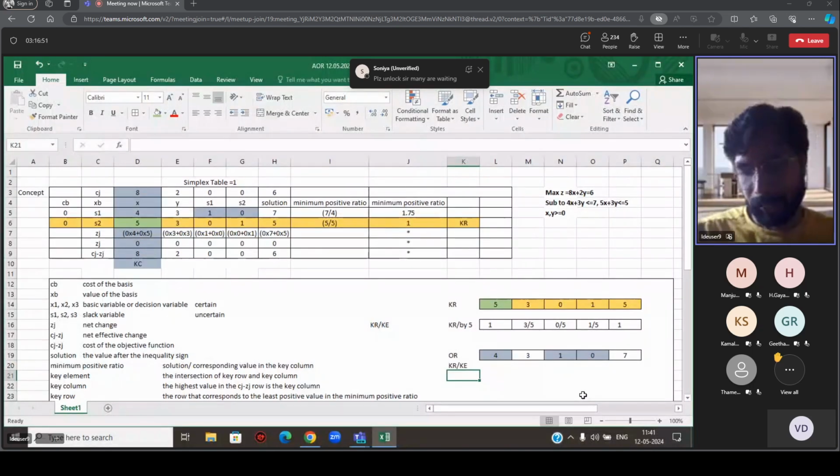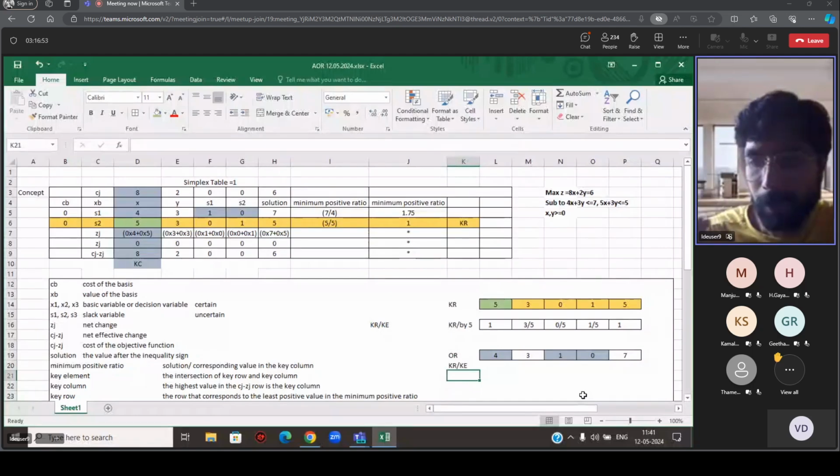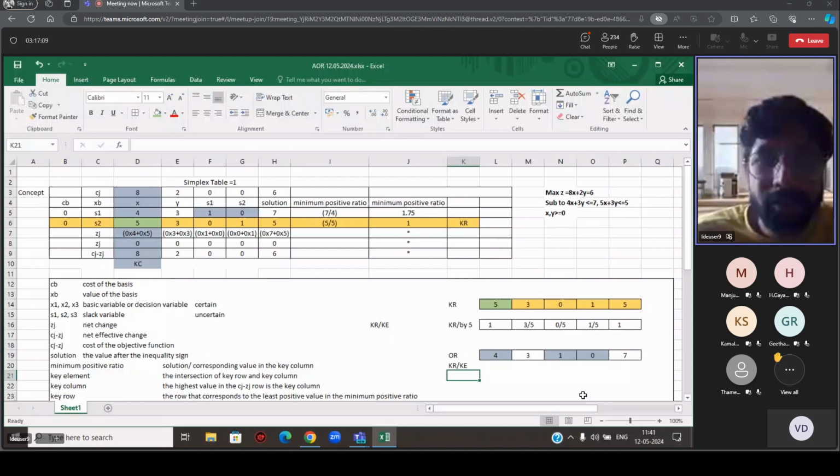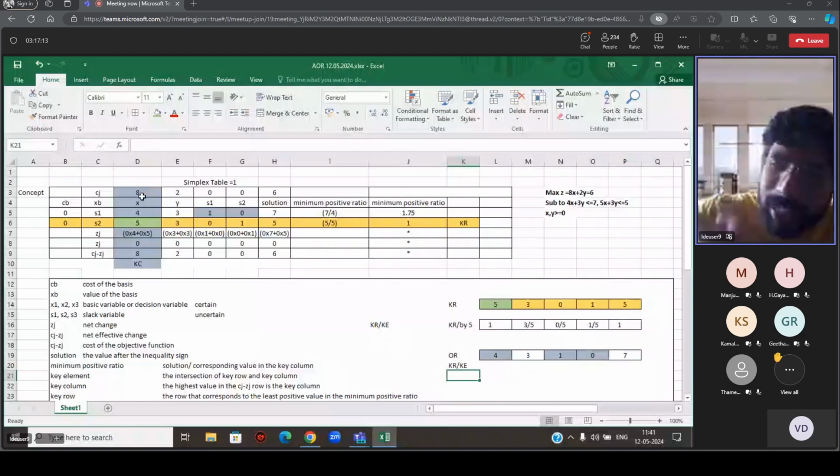If your problem is correct, then definitely the element which you have to make it to 0, below that you will have an element always equal to 1.